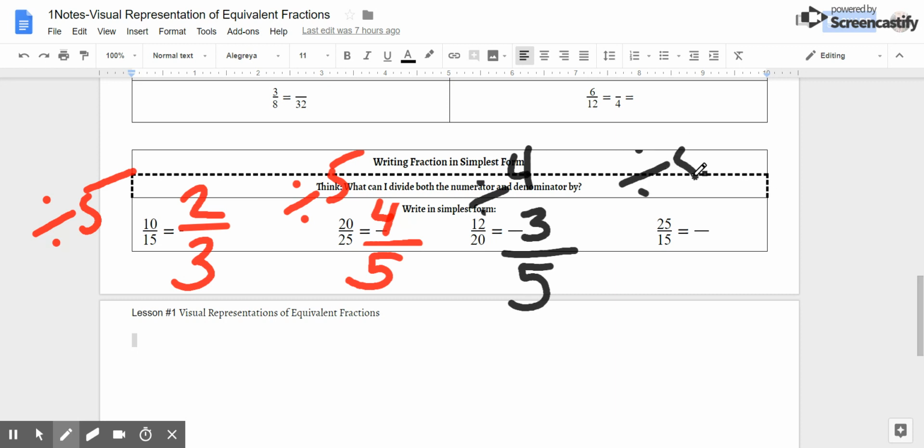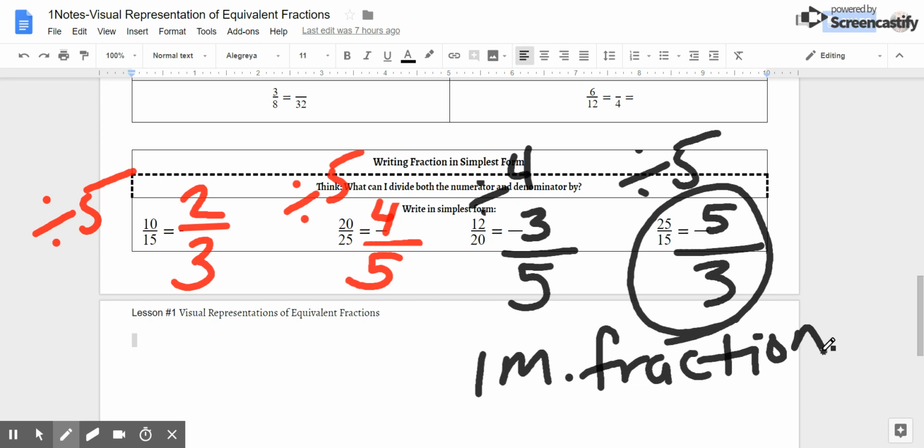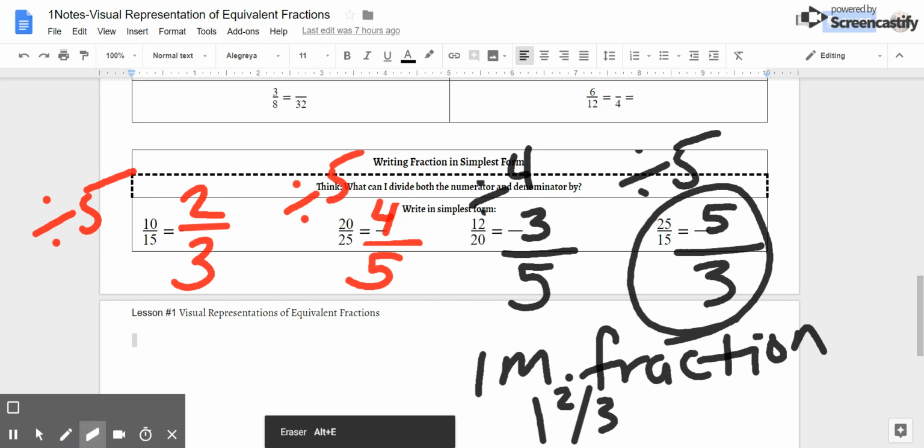I can divide both 25 and 15 by 5. So 25 divided by 5 is 5. 15 divided by 5 is 3. This is what we call an improper fraction because our numerator is bigger than our denominator. So this number really represents 1 and 2/3. We'll talk about that later if that doesn't look familiar.